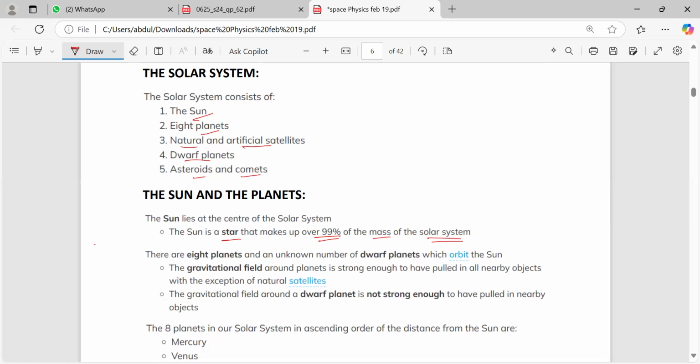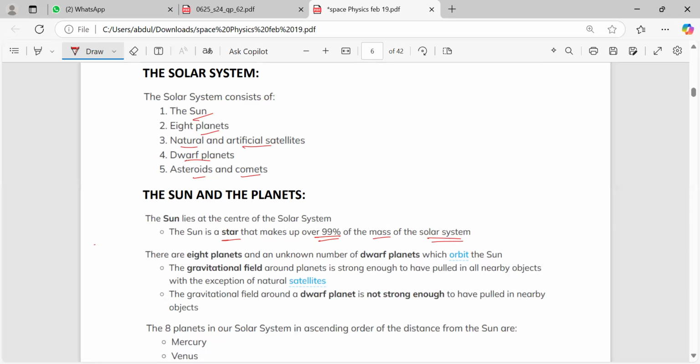Okay. One thing more here, it will be repeated again and again. The 8 planets around the sun have orbits that are almost circular, and the sun lies at the center. But for some things, like comets, the orbit is not circular, it is elliptical, just like the shape of an egg.